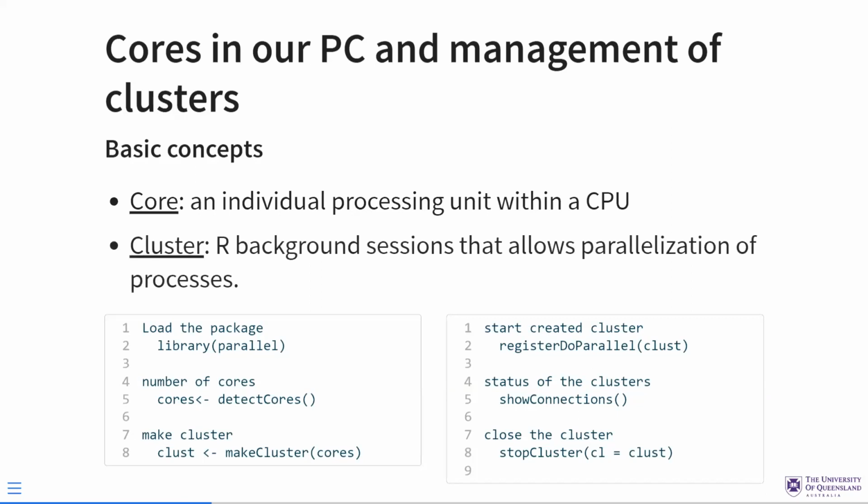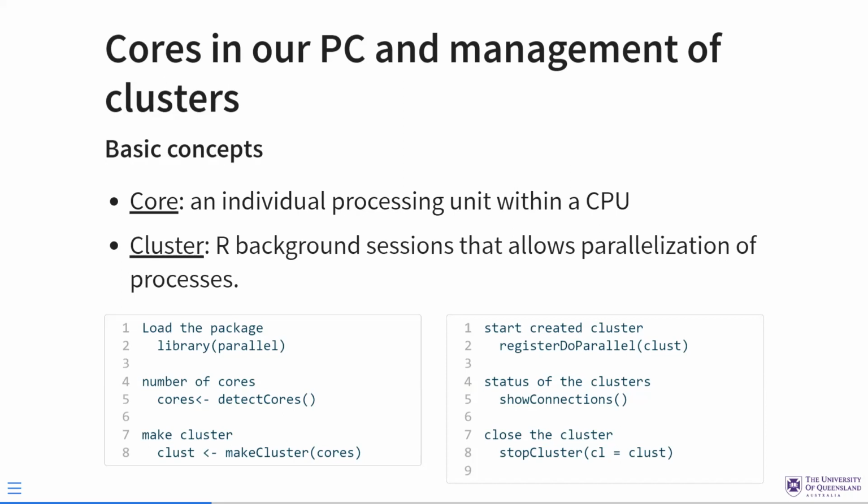So when I talk about clusters, R needs to recruit these cores before actually using them. To do that, it basically gives an order to the operating system and recruits several cores to form a cluster.